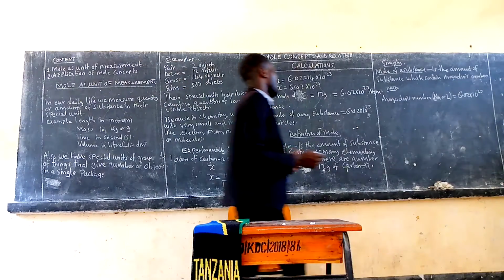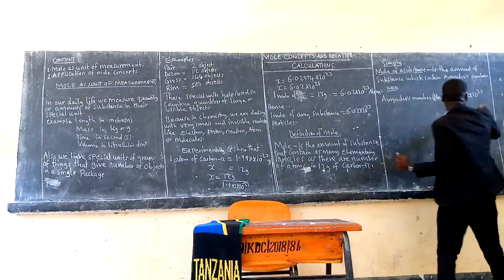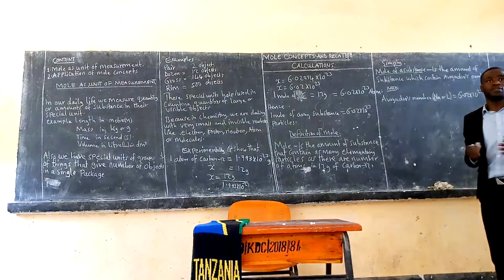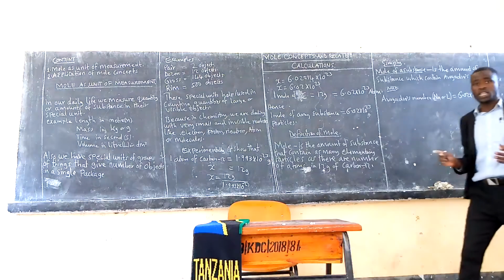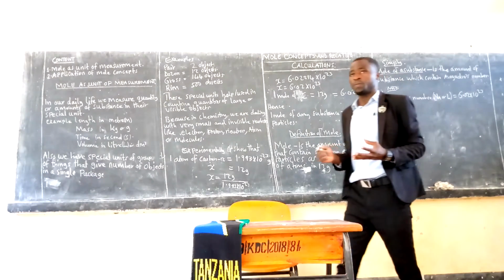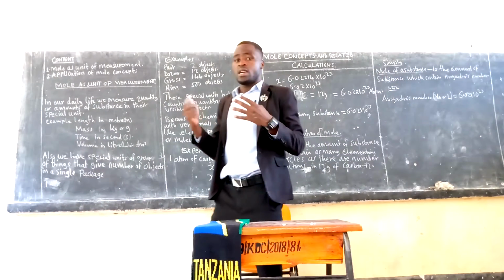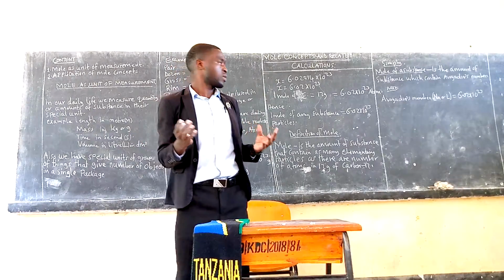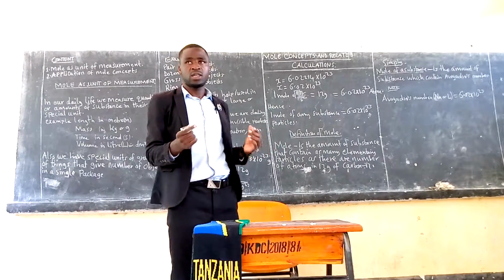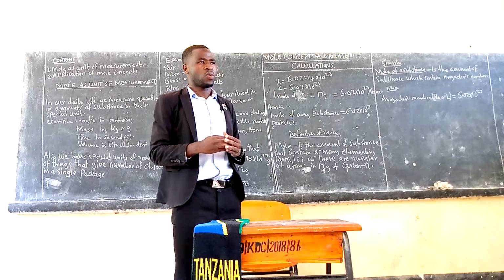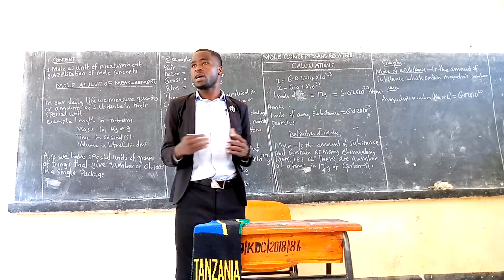Now, here we have completed the concept of mole. This is known as Avogadro's constant because it was first studied by Amedeo Avogadro, an Italian scientist who specialized in mathematics and physics.